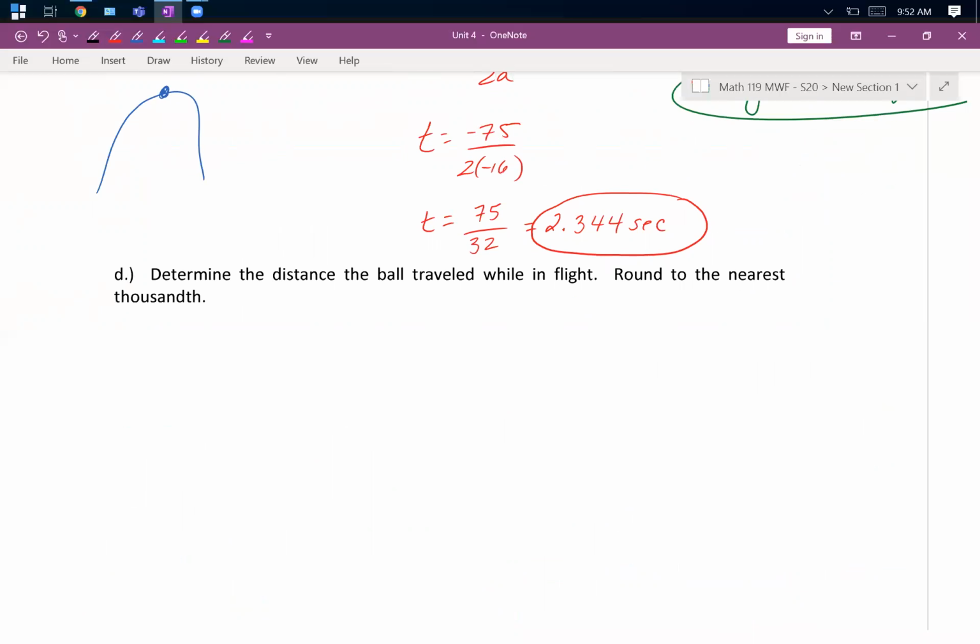Last part, we want to determine the distance the ball traveled while in flight, rounded to the nearest thousandth. So how about we figure that out? Would we use the x formula?